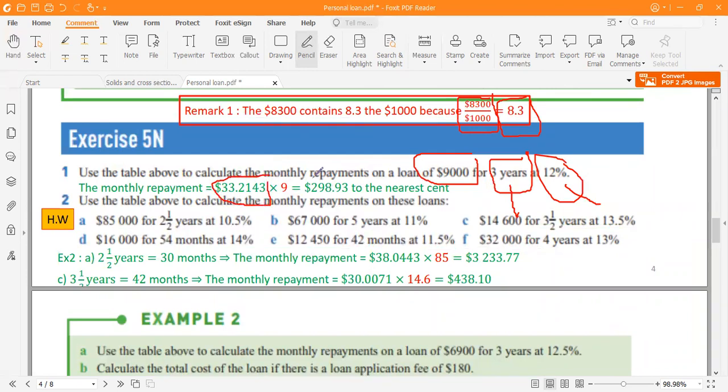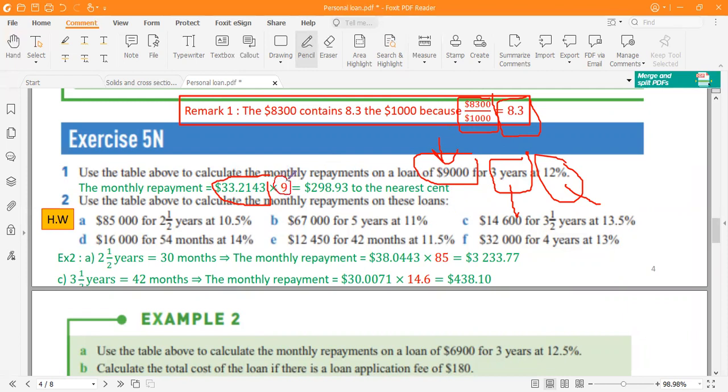This monthly repayment is per $1,000 borrowed. But here in this statement we have $9,000. $9,000 divided by 1,000 equals 9.